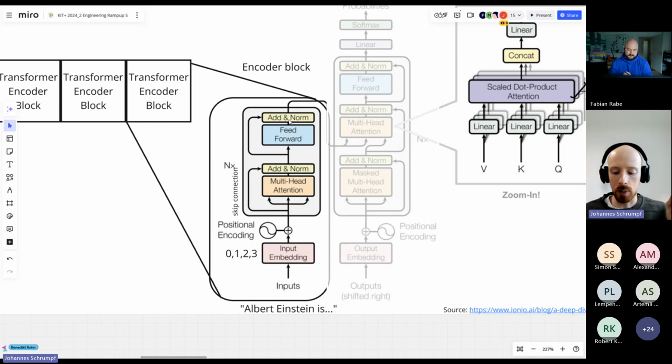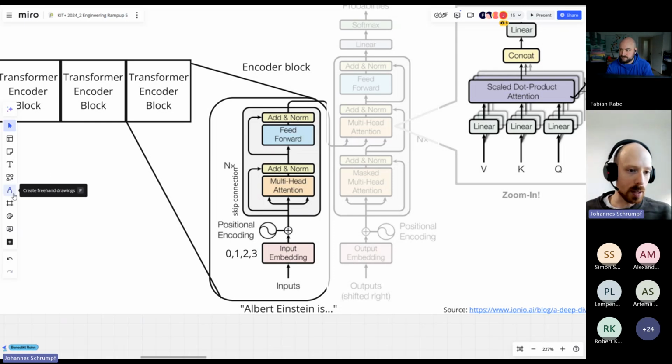I don't know if you've already worked with convolutional neural networks, for example. You always have to make sure that the input to a new neural network layer has the same dimensions, and therefore we do this normalization step at these two locations here. And then this is basically the output of our encoder block.